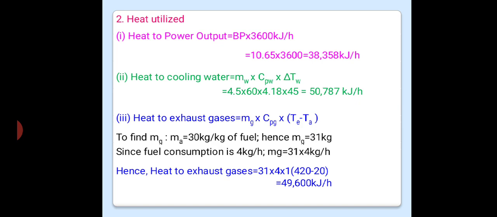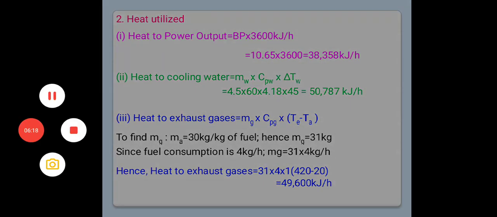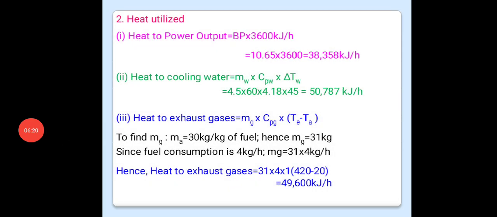Second, heat to the cooling water. We have the formula, it is m_w C_pw into delta T. Now mass of water they have mentioned, it is 4.5, C_pw 4.18, delta T means difference in the temperature of inlet and outlet cooling water, it is 45 they have given.